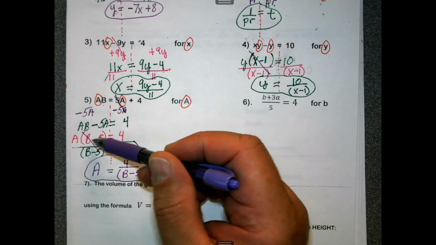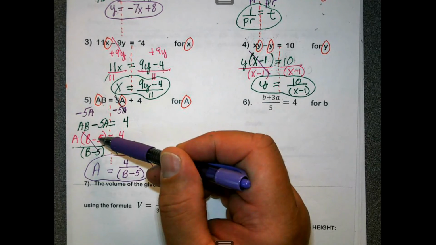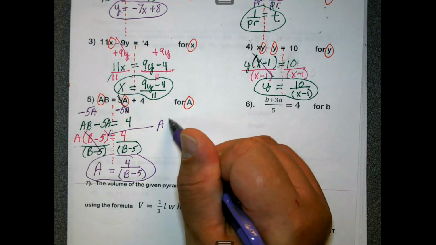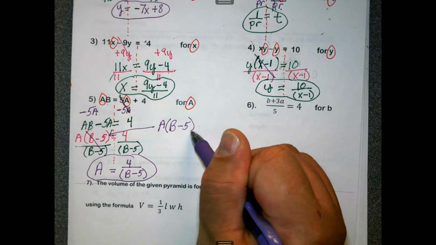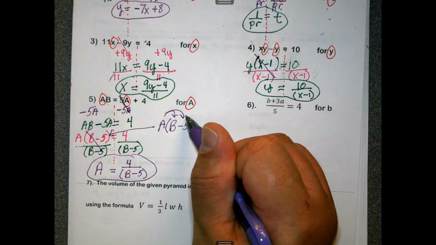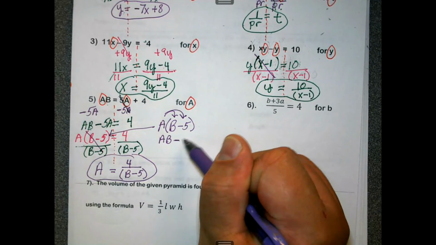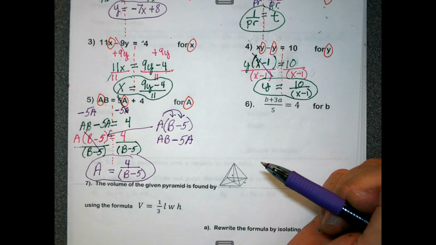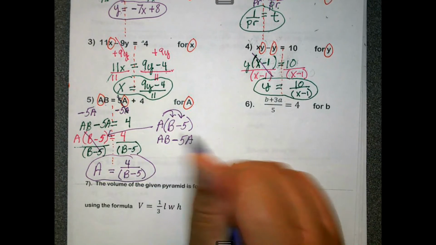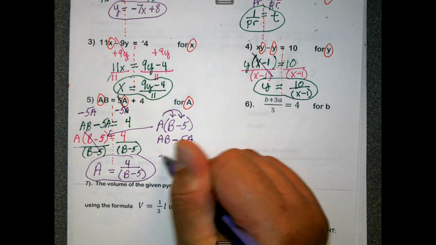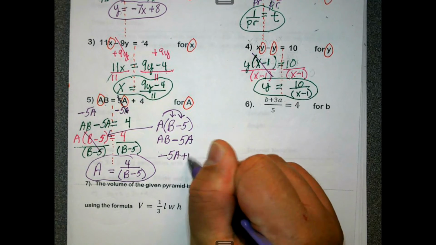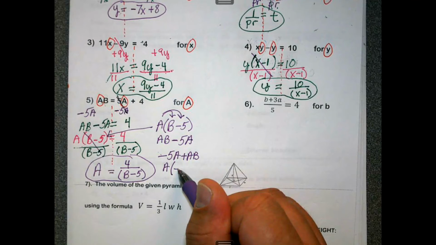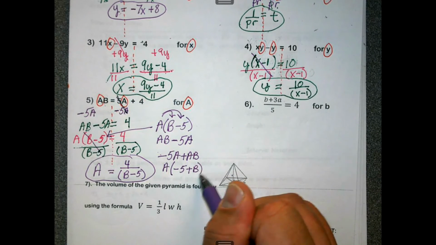Oh, if you look at the undistributed step here, you can always check to make sure you're doing it right. If you actually use the distributive property, make sure you get back what you started with. So it doesn't really matter if the A and the B aren't in the same order. Oh, you mean the order? Yeah. If I put that negative 5A, you're saying if it was like this, undistribute that, take out the A, we would just have negative 5 plus B. It's the same thing.